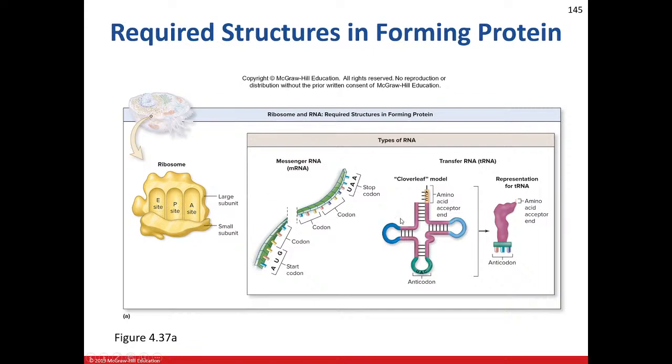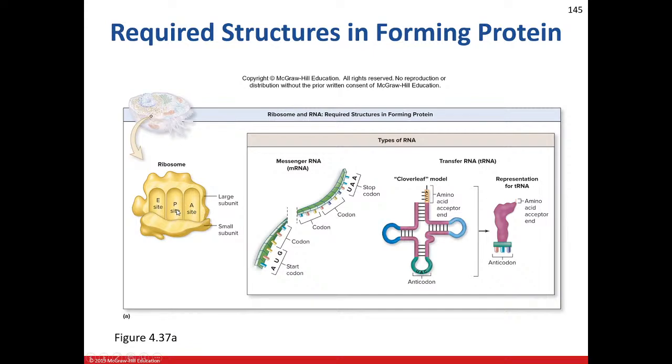The tRNA leaves, and it leaves behind the amino acid methionine. Now the second codon is in the P site, and it's waiting for the appropriate tRNA to come in, bind to it, recognize it, and then drop off the correct amino acid. All right. Then once that happens, the tRNA leaves.